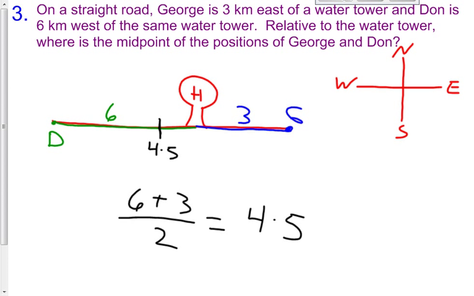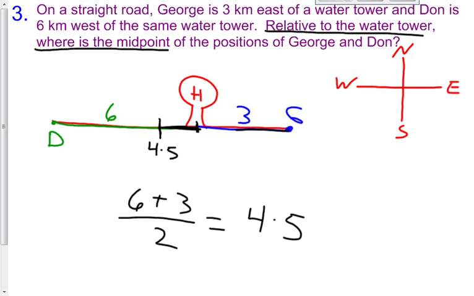However, Excel Math doesn't want us to answer our questions like that. It says relative to the water tower, where is the midpoint? So our water tower is right here. Where is the midpoint relative to it? What is this distance?